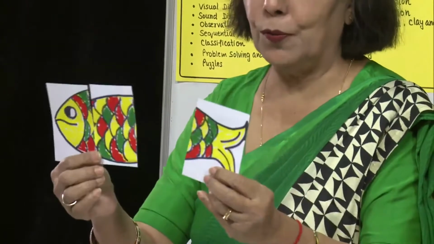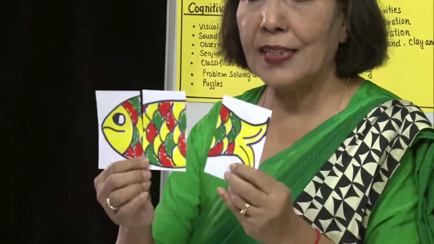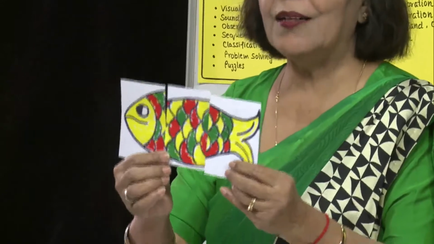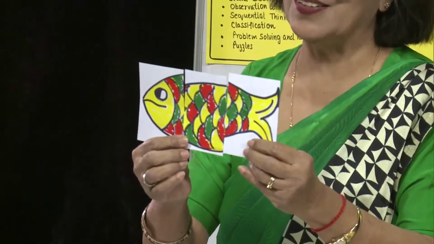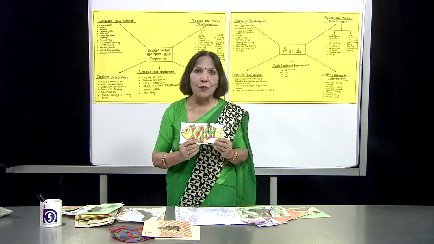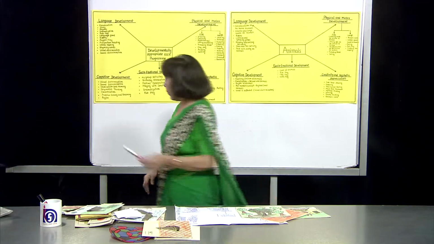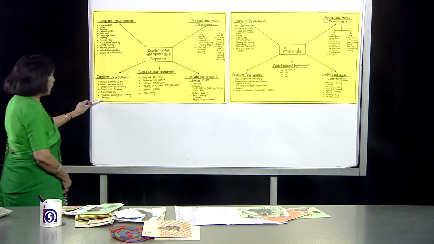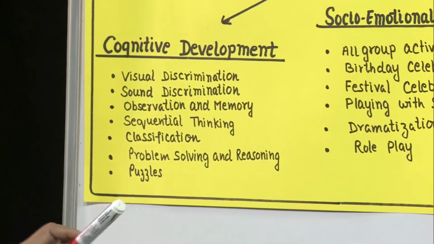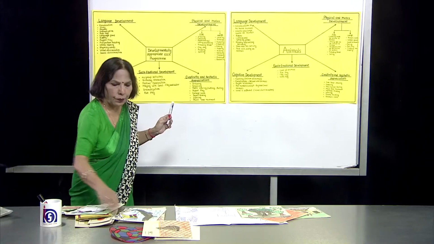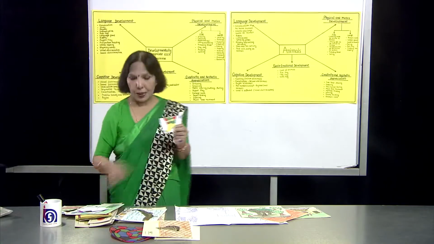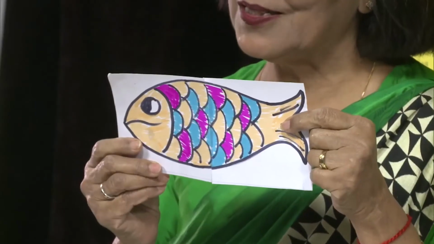This was the problem for the children. You had given them the problem and children have solved it. So, this is problem solving. And now, puzzles. Puzzles are the same puzzles I have showed you. These are puzzles, 2 pieces puzzles.